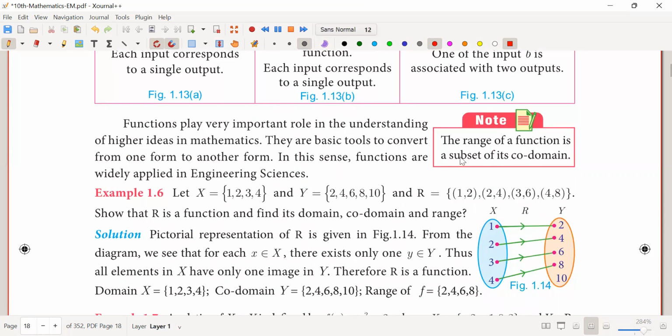The range of a function is a subset of its codomain. This is the codomain. Range is always a subset of this codomain.